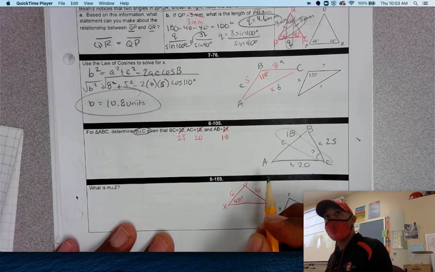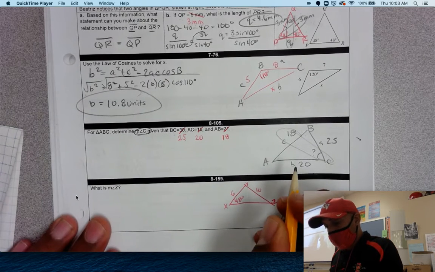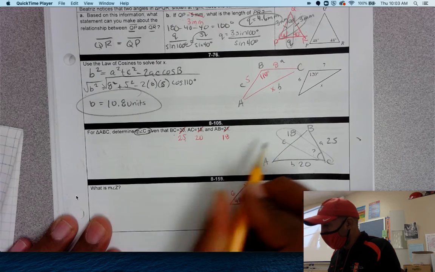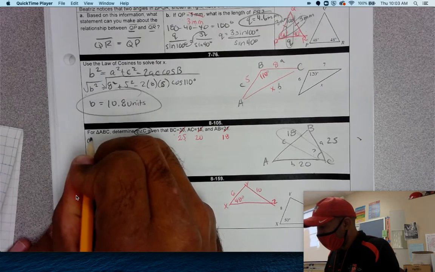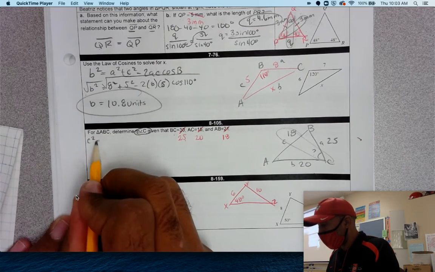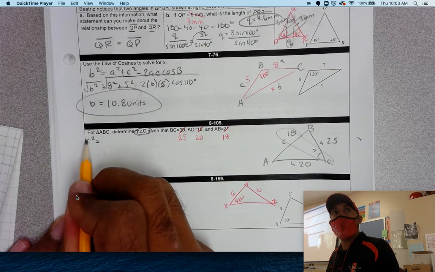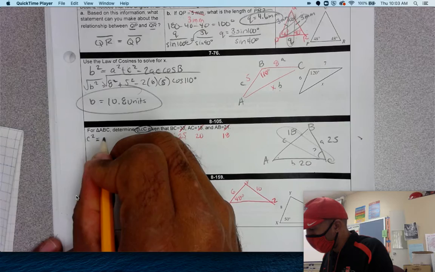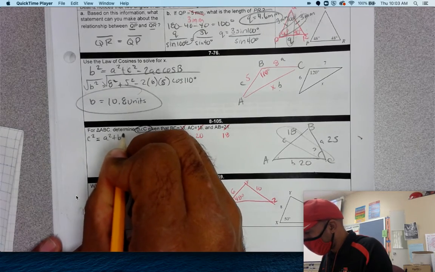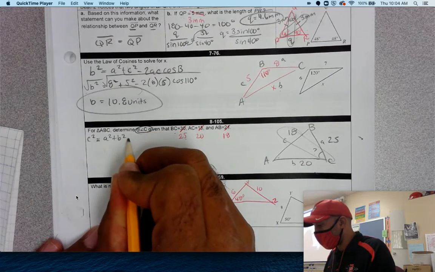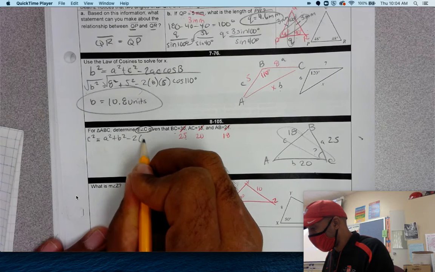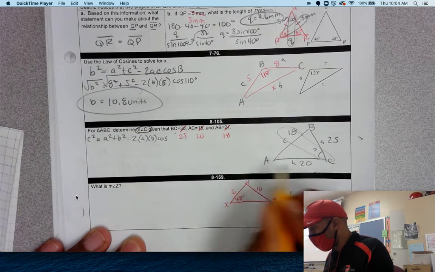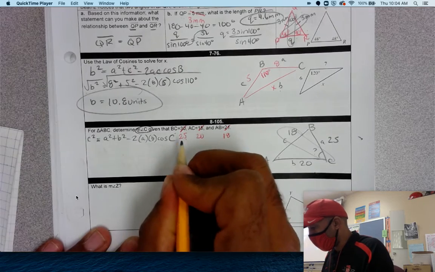Okay, so the way we're going to set that up, we're going to use law of cosines, and we're going to set it up with c squared on this side, because if we're looking for angle C, then we want the same side on this side of the equation. Okay, so c squared equals a squared plus b squared minus 2 times a times b times the cosine of the angle we're looking for.